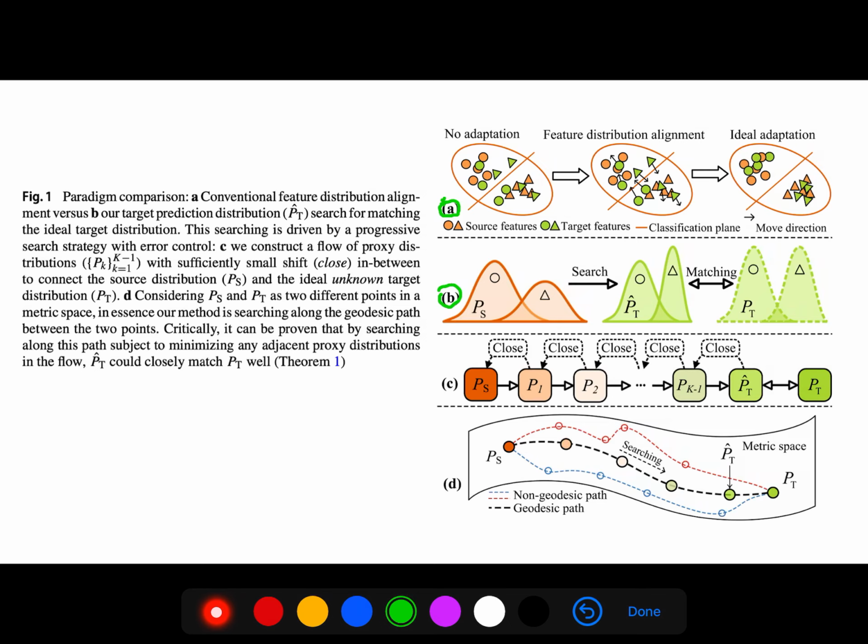This searching is driven by a progressive search strategy with error control. So it's like a searching strategy.